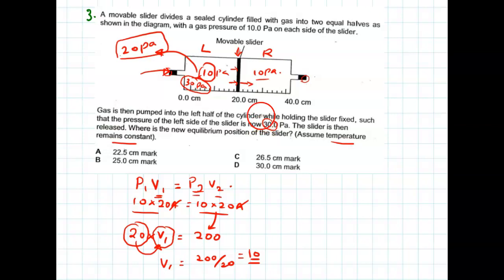That means it will take 10 centimeter length with the same area of cross section. So it has to move 10 centimeter to the right. When it moves 10 centimeter, 20 plus 10 will be 30 centimeter. So the new position will be here. 30 centimeter is the answer.